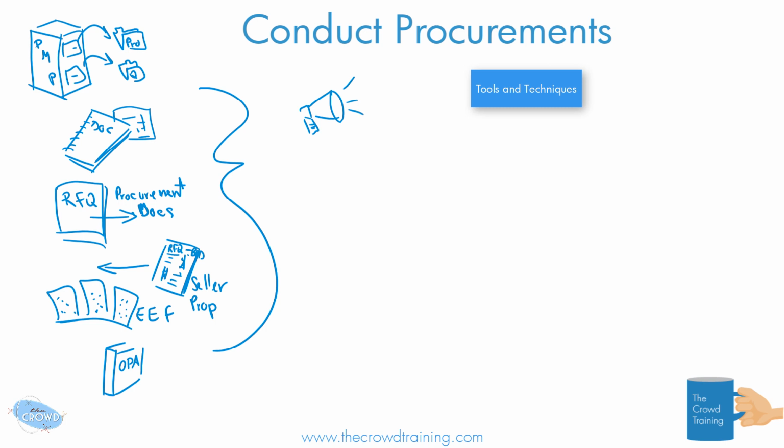And so you need to broadcast it or advertise it in some way, whether that is through certain channels, or maybe you put it on your website, or if it's something you have to put in a certain location where, say, all of the bids are supposed to go for all of the government projects, if your project is part of a government institution. But you have to communicate it some way, because otherwise, how is anyone supposed to know they should bid on your procurement documents unless they know about it?